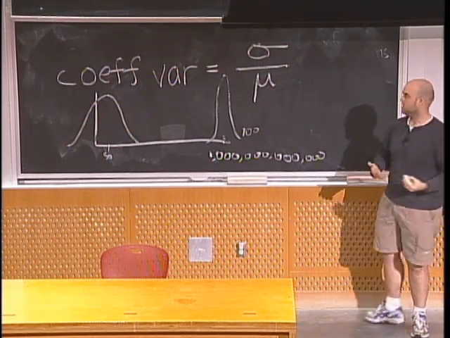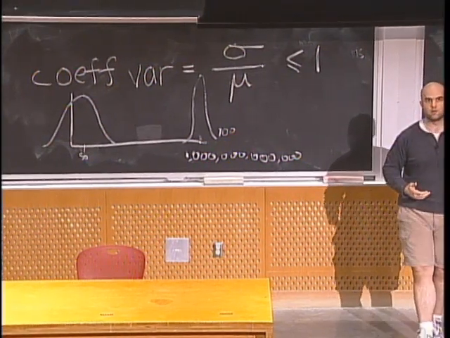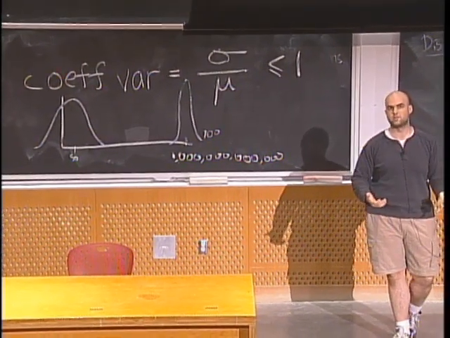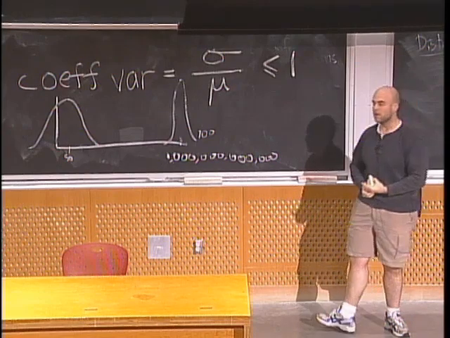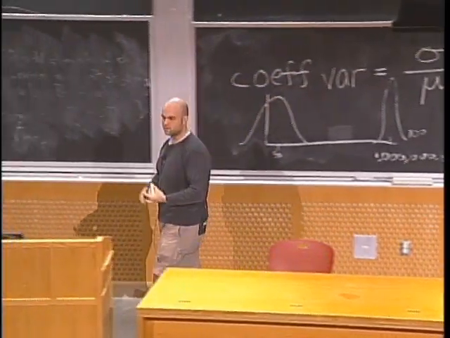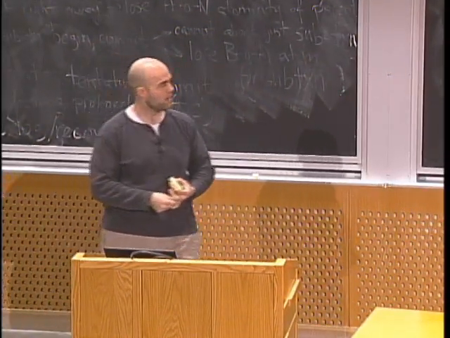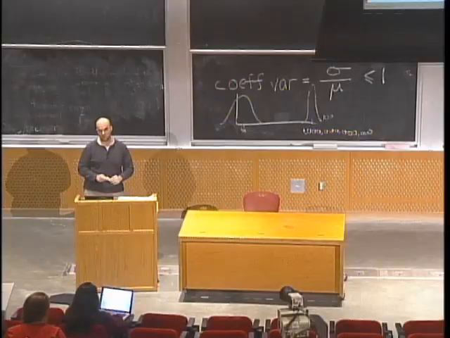And the rule of thumb is, if this is less than or equal to 1, we're going to say that it's not too widespread. There's not a lot of variation. Though that's a standard that Professor Guttag has. Depending on your purposes, maybe that's too large or whatever. But that's what coefficient of variation is. Everyone clear on it?